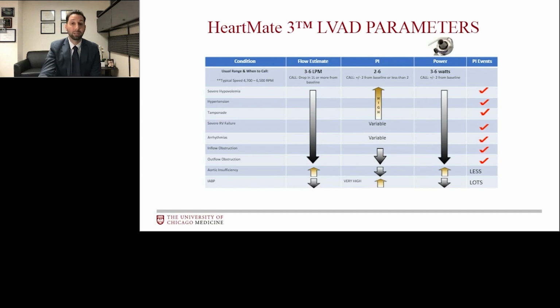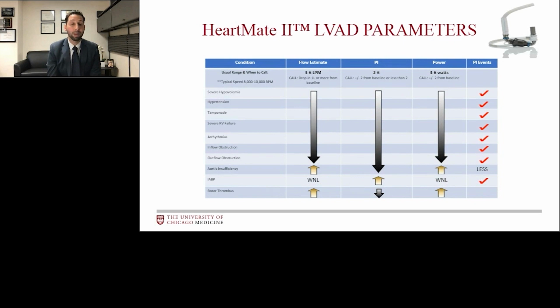These same clinical scenarios, hypovolemia, hypertension, tamponade, are not fully appreciated by the HeartMate 2. It does not have good low flow discrimination, and it interprets these as a reduction in variation in flow and thus a reduction in variation in power and a low pulsatility index.